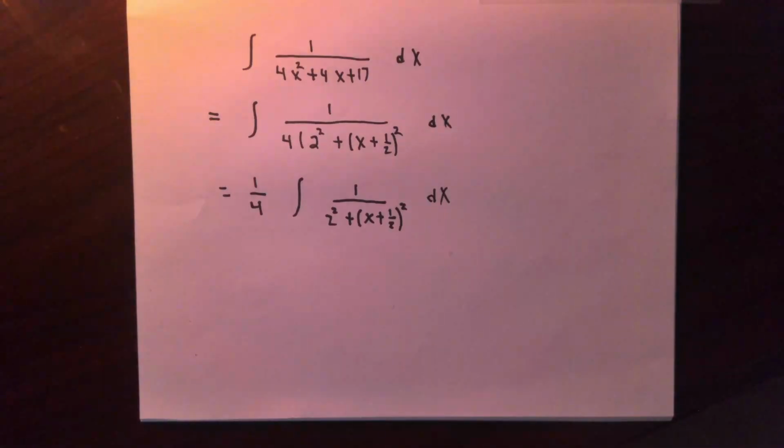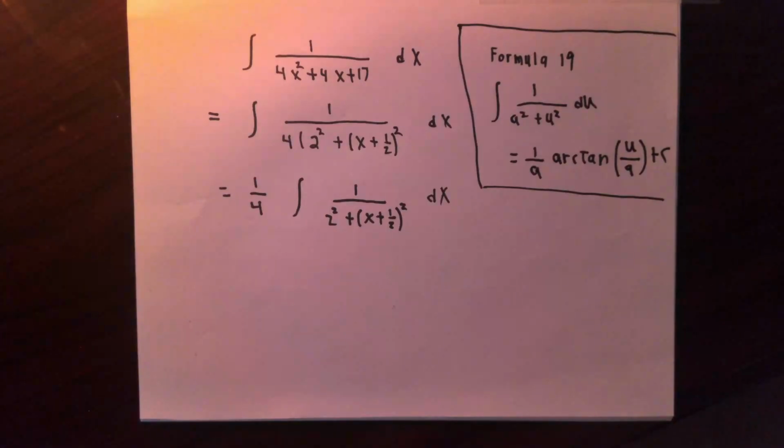We have a formula for this kind of situation. Formula number 19 on our big list of formulas says that the integral of 1 over a squared plus u squared du is 1 over a arctan u over a plus a constant.